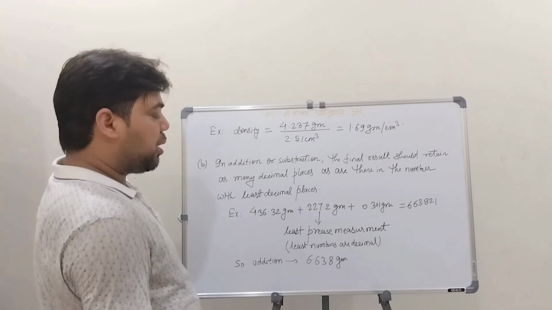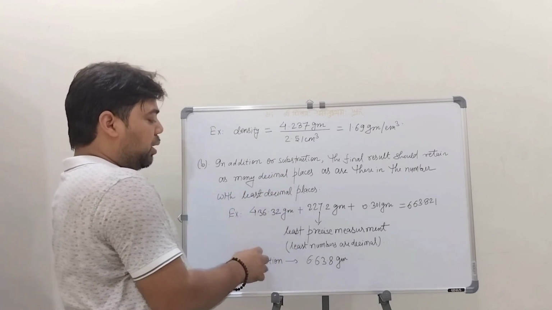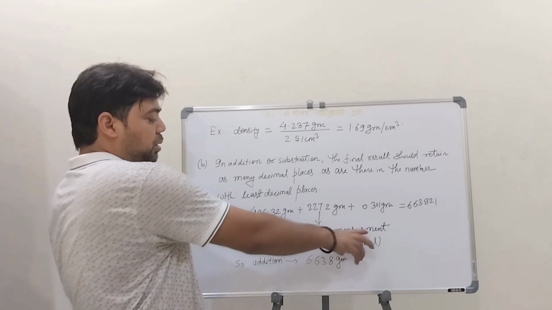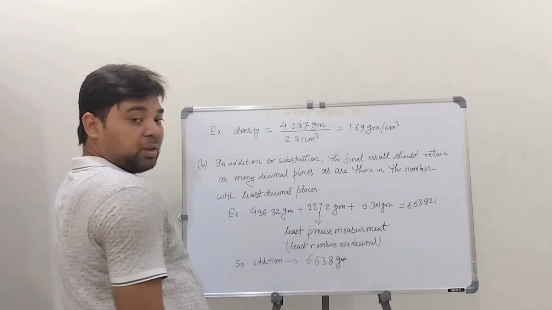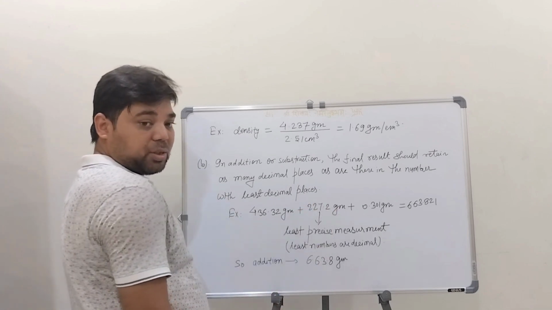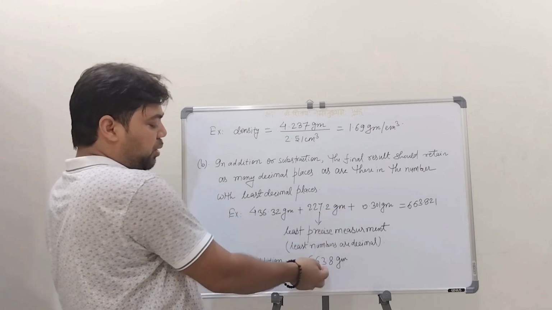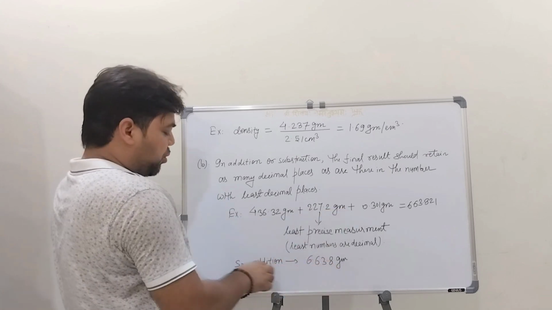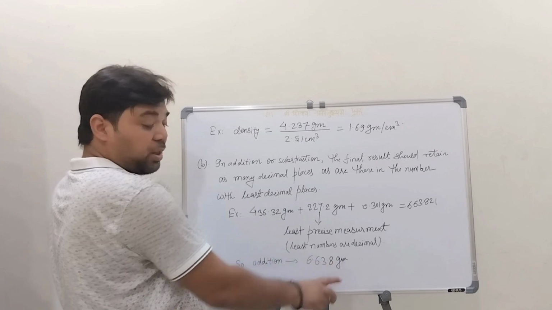Now how can we round it off according to the rule? The least precise measurement is the second one, where only one digit is there after the decimal. So in the final result we will keep only one digit after the decimal. The final result after the addition will be 663.8 gram.